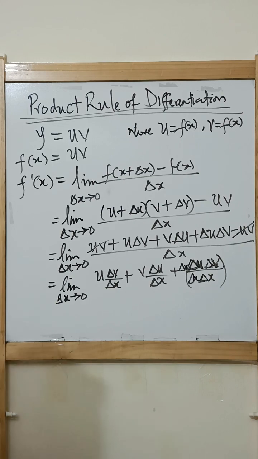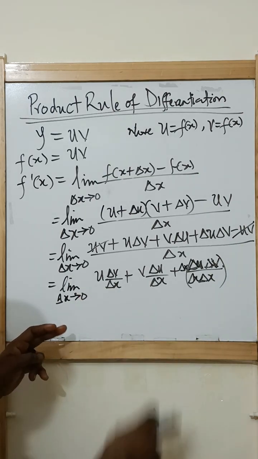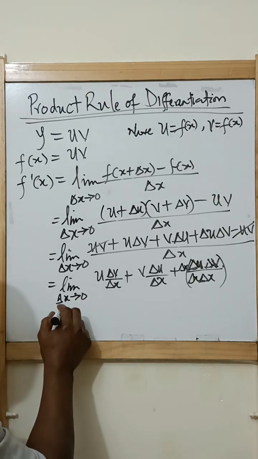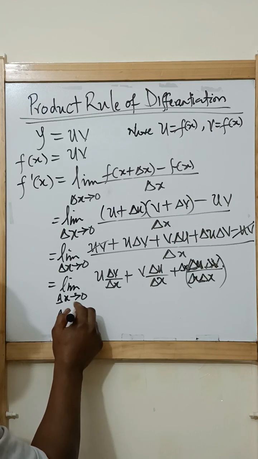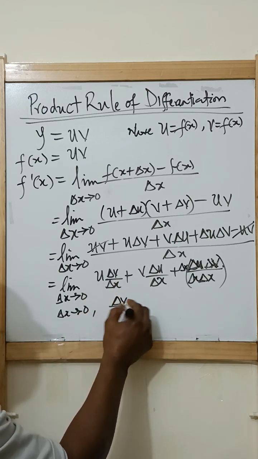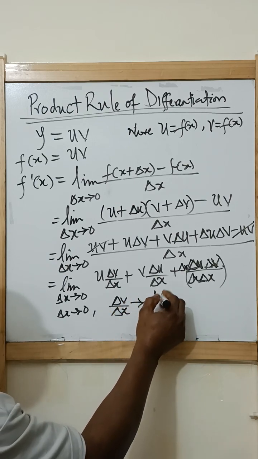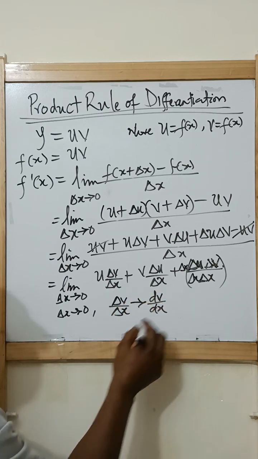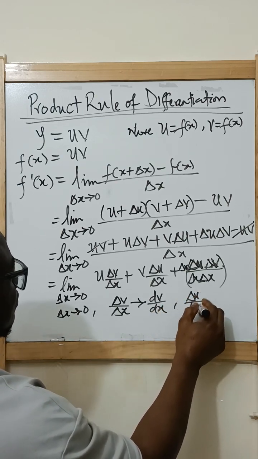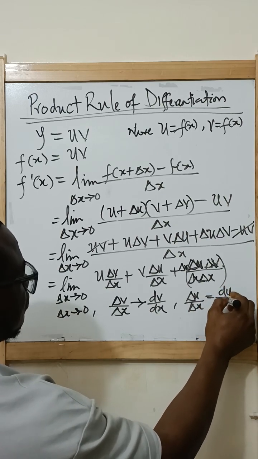Now if we find the limit of this, as delta x tends to 0, what happens to delta v over delta x? It tends to dv dx. Also delta u over delta x tends to du dx.